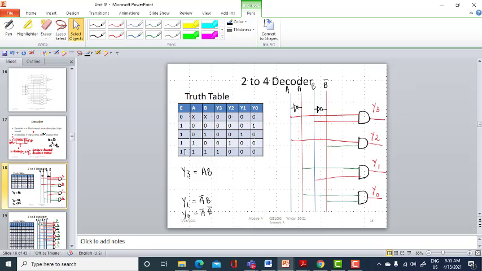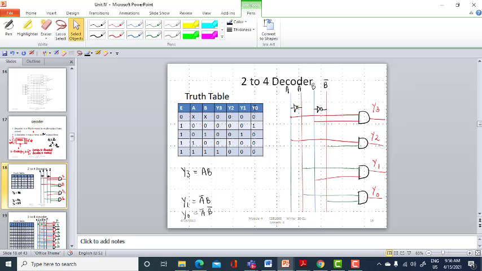Only if your enable signal is 1, your decoder IC will be active, and your input will be transferred to your output lines. So if your input combination is 0 0 and the enable signal is 1, your output will be 1 at the Y0 line.